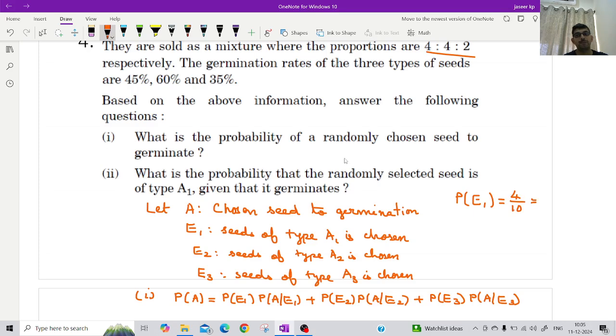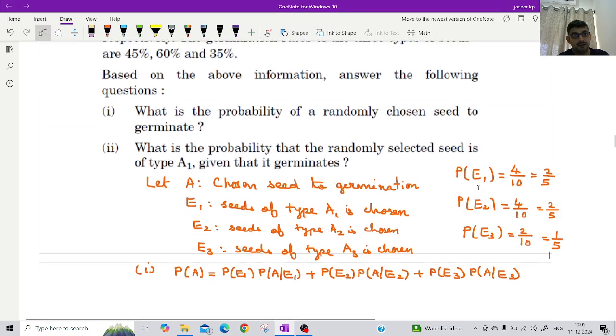So that is 2/5. Similarly, P of E2 is also 4/10, that is 2/5. The next is P of E3, that is 2/10, so that is 1/5.